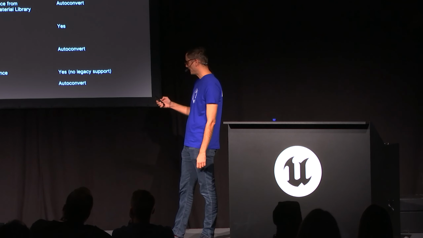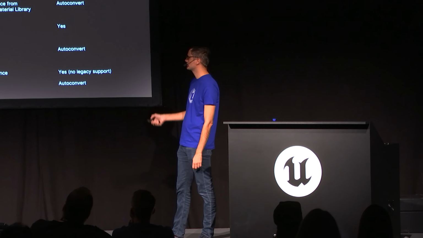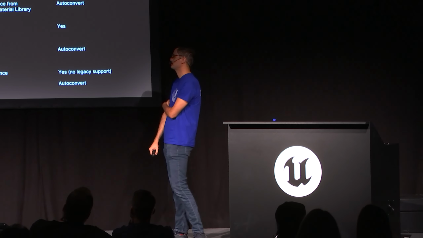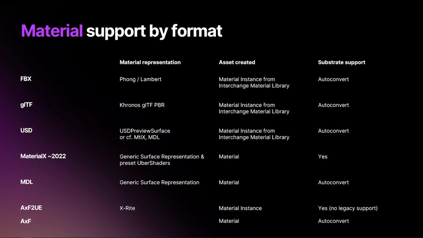I want to point out also the MaterialX file format that we have supported in the engine since 2022. This format allows you to describe surface representations. It comes with generic nodes to define surfaces, or you also have preset Uber shaders like OpenPBR that can be represented with MaterialX.